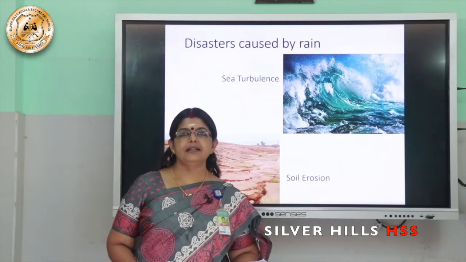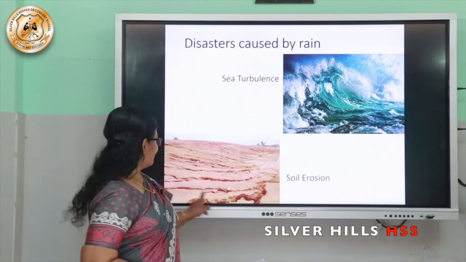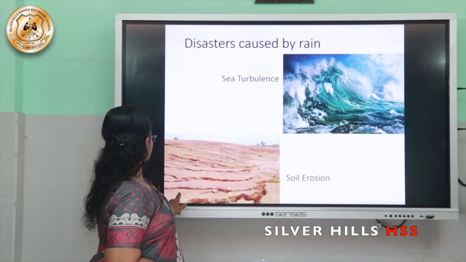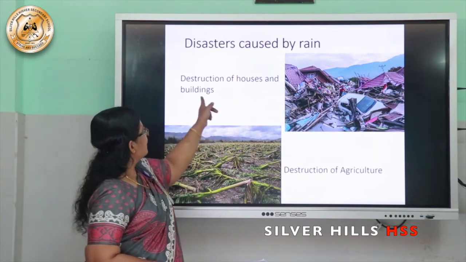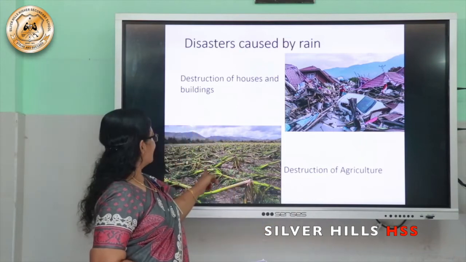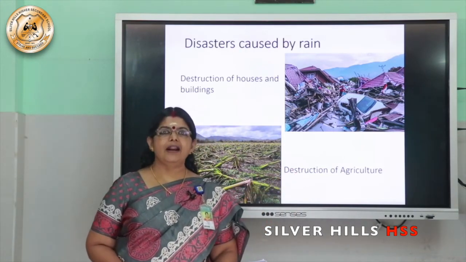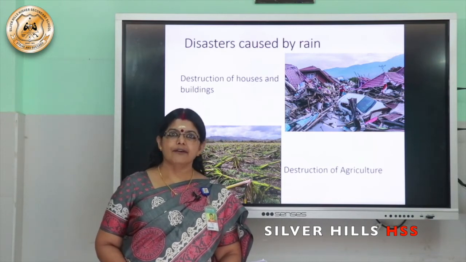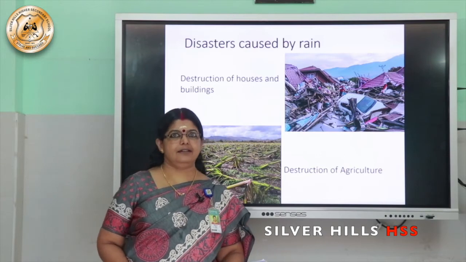Soil erosion means the topsoil is being washed away. Next disaster caused by rain, destruction of houses and buildings. Then destruction of agriculture. A vast area of land is destroyed due to heavy rain and agriculture is also affected.